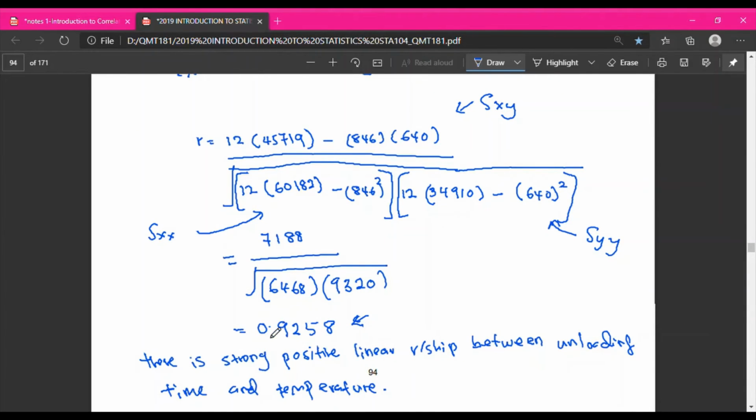To double check the value of R, press shift 2, which is shift var, and then press the right arrow until you find R. R is number 3, so it gives R equal, and the answer will be 0.9258. So you can double check whether your value is correct, but you still need to show all this calculation.